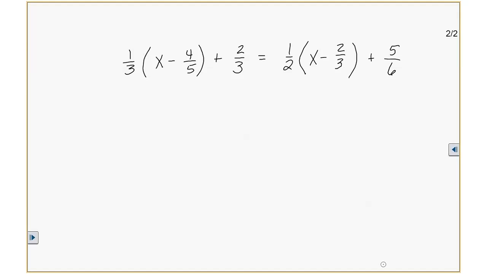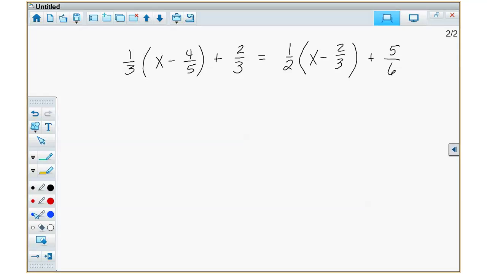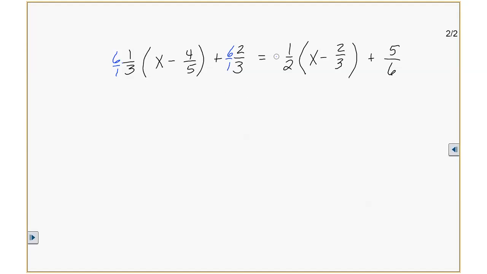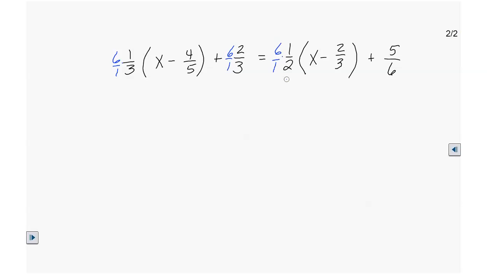Worry about that when we distribute. So you don't multiply the 2/3 or the x minus 2/3. We've got four things to multiply by, and that is the fractions on the outside. I've got 6 over 1, 6 over 1, 6 over 1, and 6 over 1.